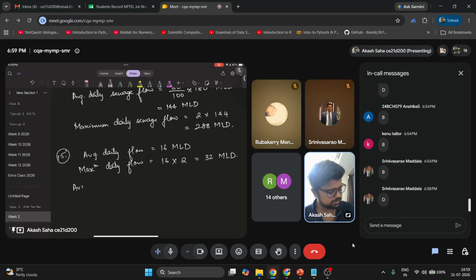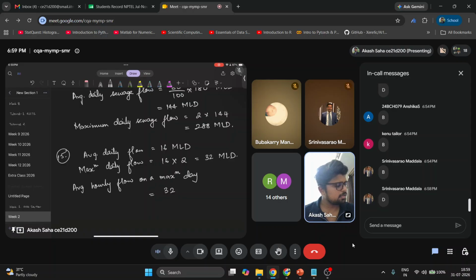Now average hourly flow on a maximum day. So my maximum flow is 32. So on a maximum day, what will be my average flow? So that will be 32 MLD.